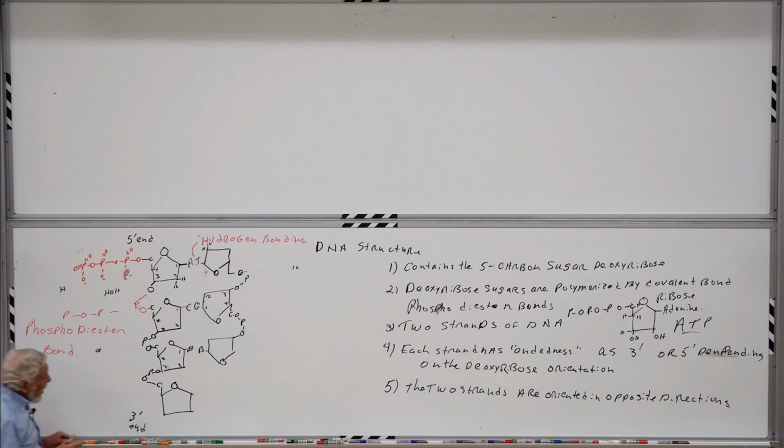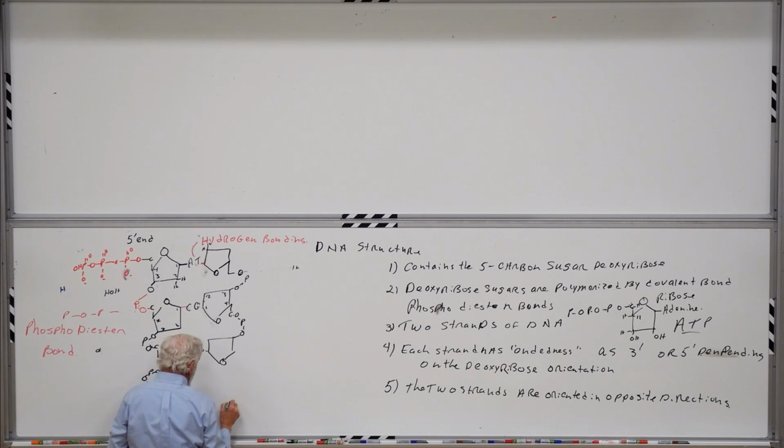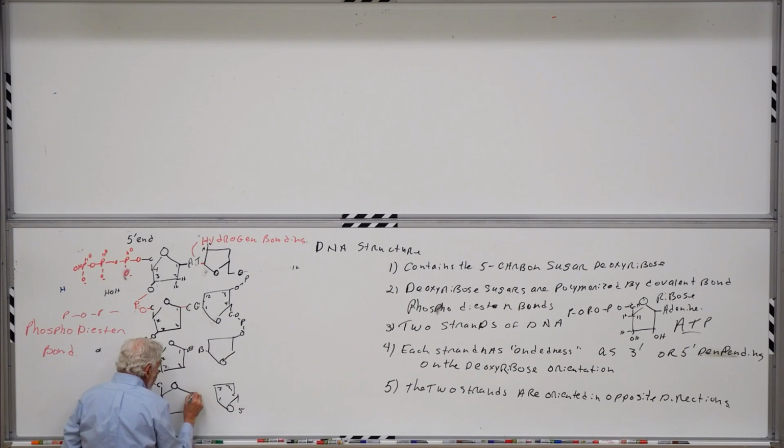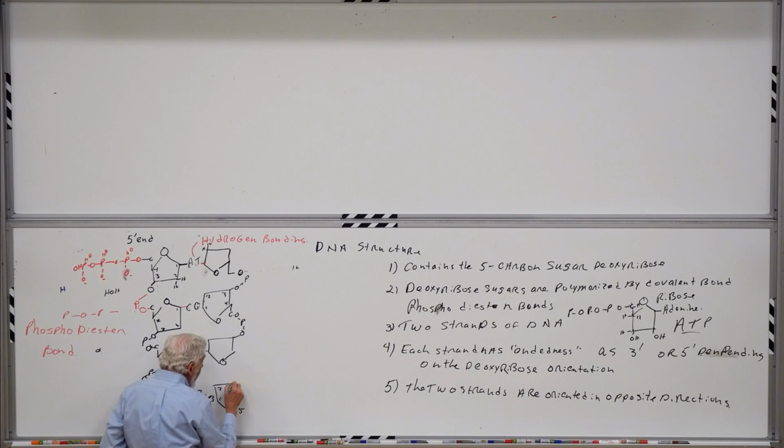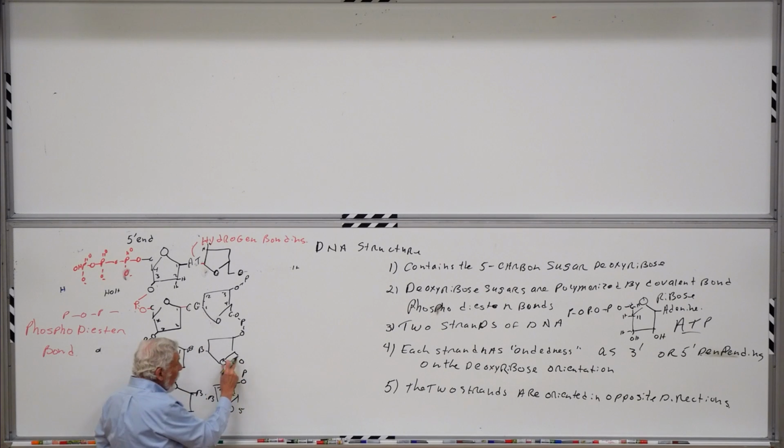Now you note what I've done. I'll put one more in just to make it complete. It's 1, 2, 3, 4, and 5. So the number 1 carbons have the bases. They are going to base pair by hydrogen bonding. The number 3 carbon is linked by an oxygen to a phosphorus to an oxygen bond to this number 5 carbon.